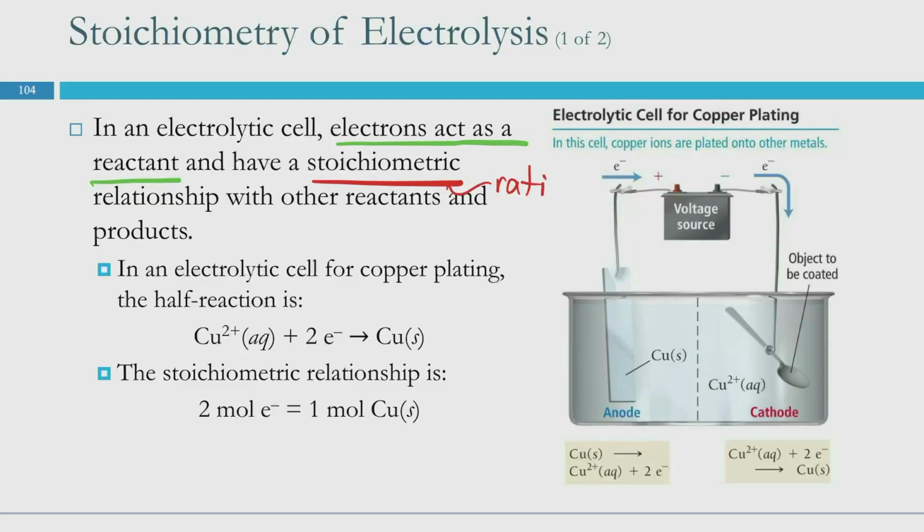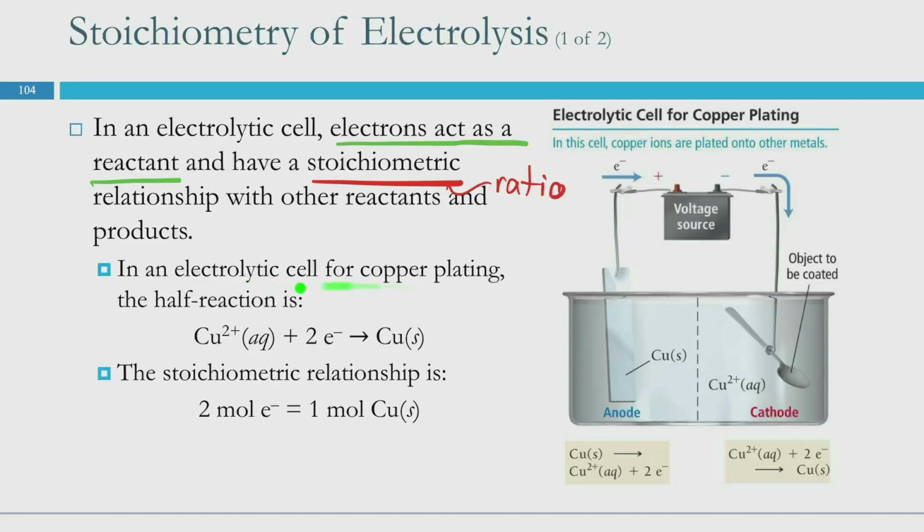I often just call this a ratio, balanced equation ratio, with the other reactants and products. So we know we can calculate how many electrons we would need, or how much current we would need to get a certain number of moles or grams of our metal out of solution.